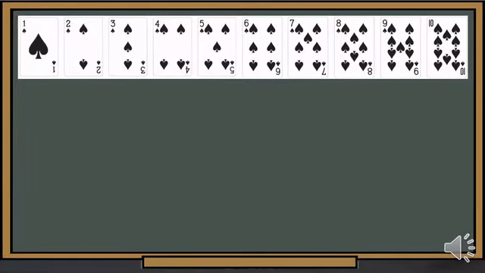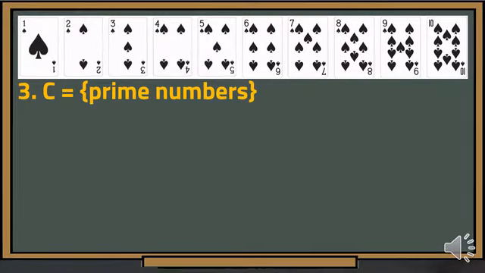Next, number 3, we have the set of prime numbers. We are going to consider the given numbers in the set of cards. The set of prime numbers in the given set of cards are 2, 3, 5, and 7.